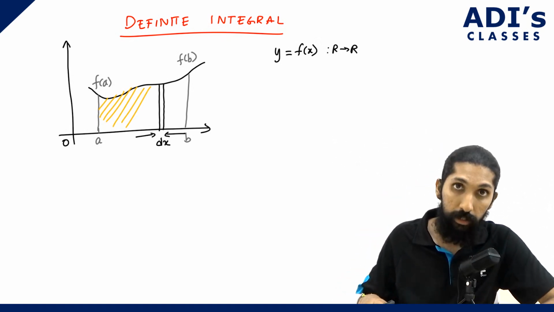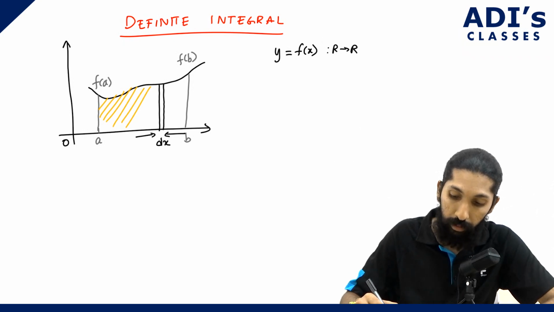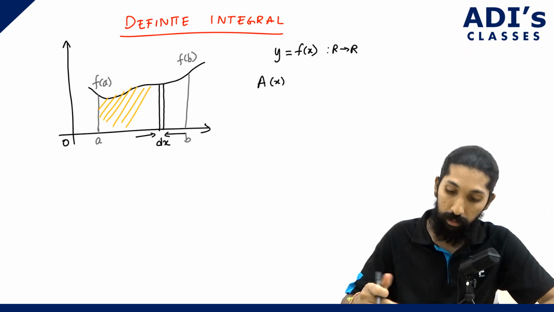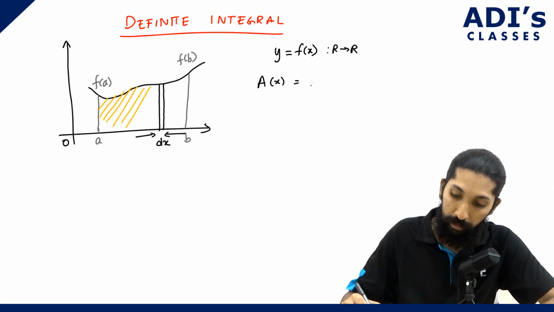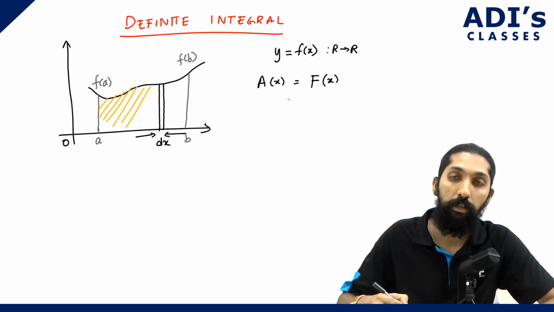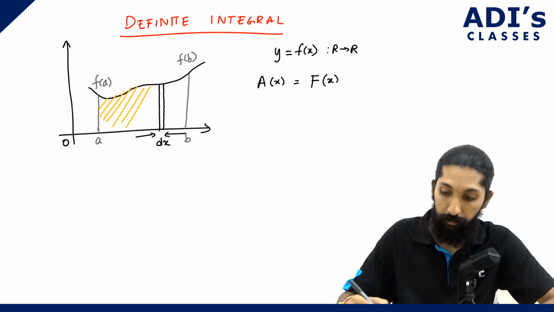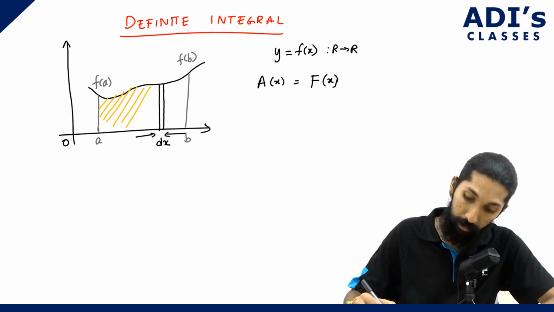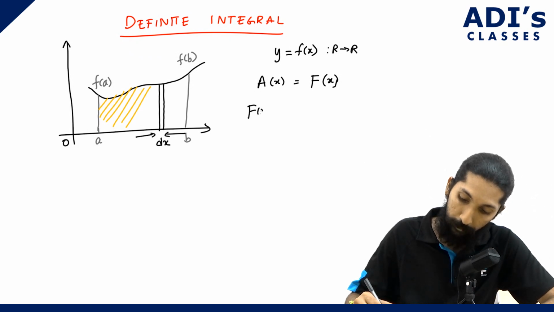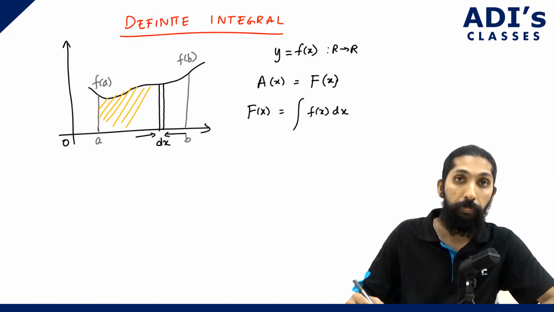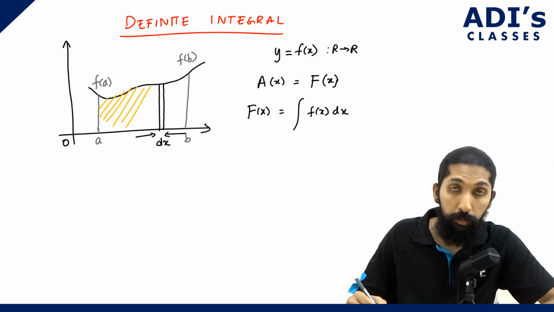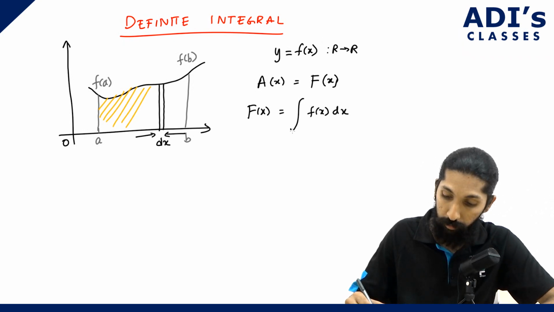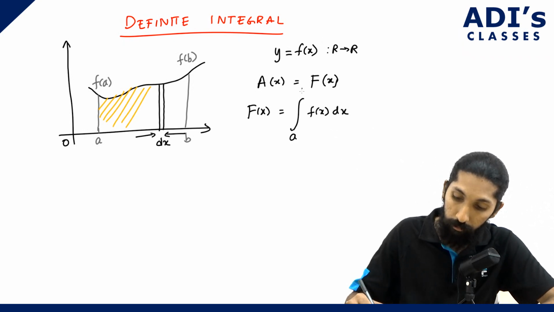That means in this case, we have the area function, capital F of x. That is, F of x is nothing but the integral of f of x dx, but from which point to which point? It goes from point a to point b.